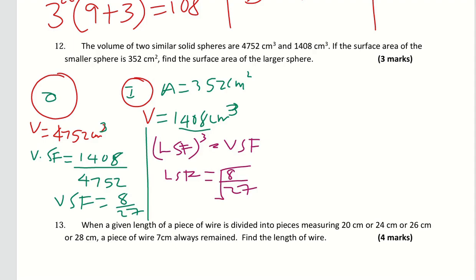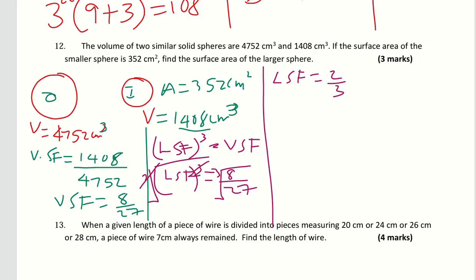Find the cube root, because this one was supposed to be cubed. The cube root and the cube will cancel out. So the cube root of the answer is equal to 2 all over 3. So the linear scale factor is now 2 all over 3.